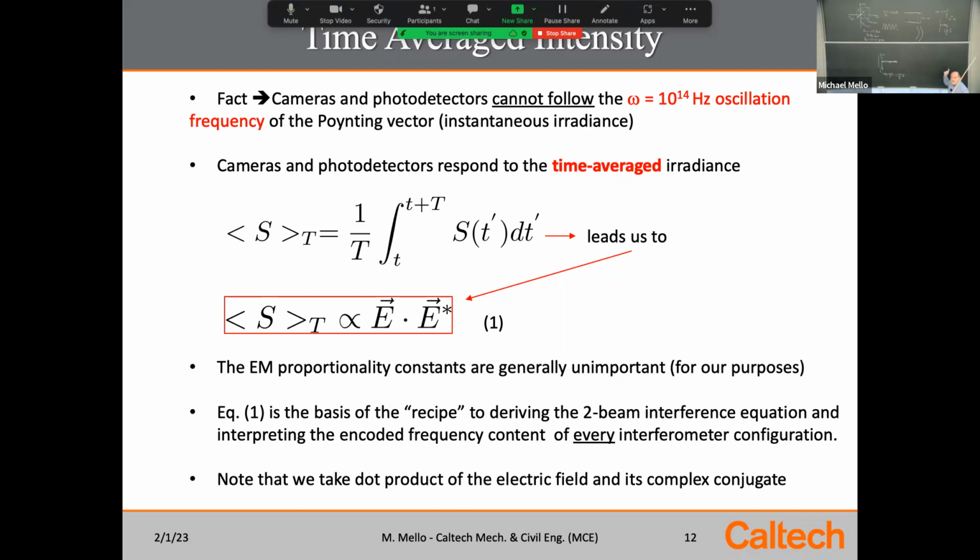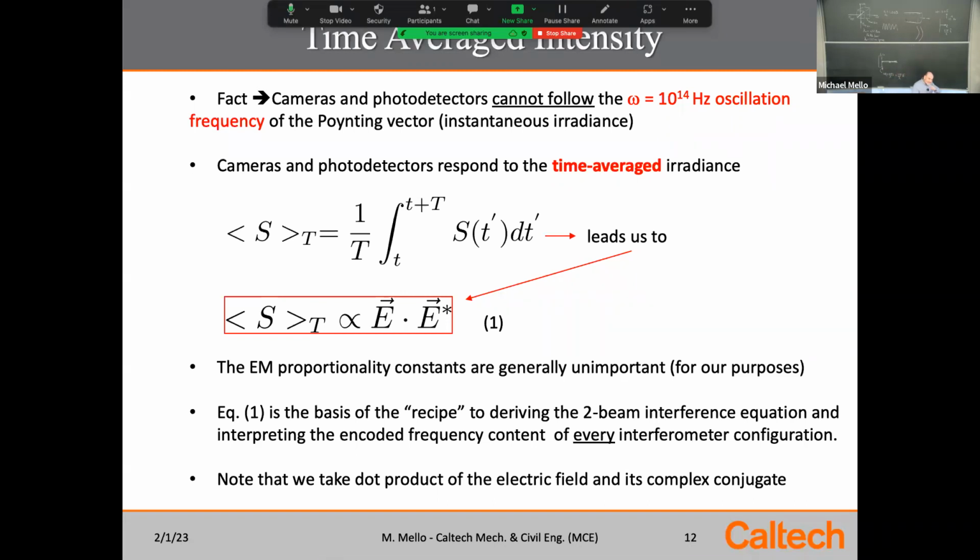It is physically impossible for a detector made by humankind to follow a 10 to the 14 hertz fluctuation and produce for you an electrical signal of 10 to the 14 hertz. There's no such detector that's that fast. The human eye is really poor in that sense, and never mind that, anything we make is just way too slow for this.